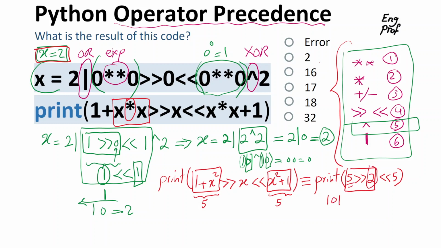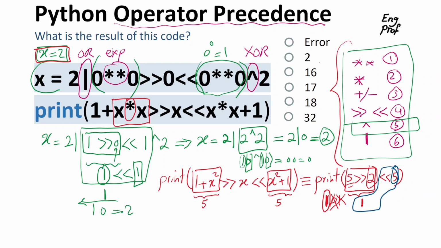5 is 101 in binary, and if we shift it 2 bits to the right, we are basically removing the two LSBs and just leaving the MSB, which is 1. So the outcome of 5 shifted 2 bits to the right is just 1. As the last step, we need to process 1 shifted by 5 bits to the left.